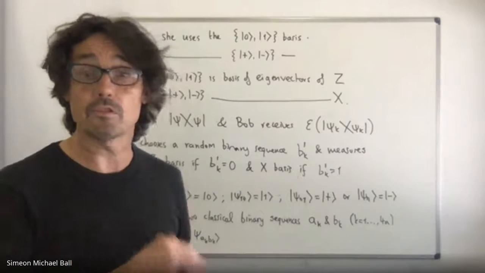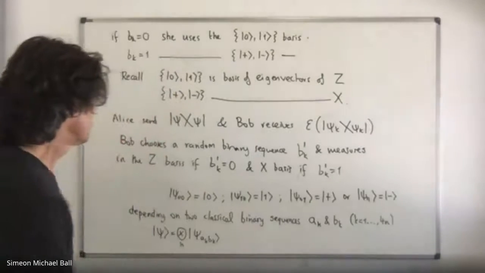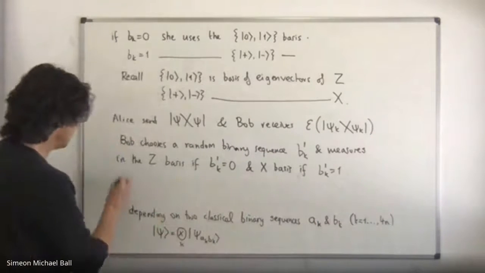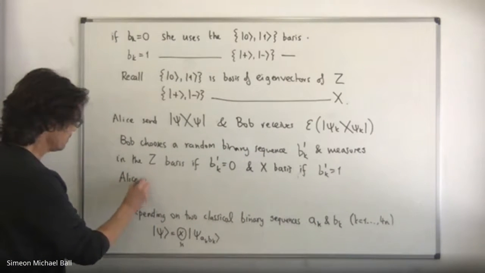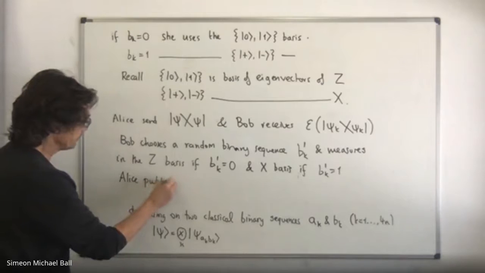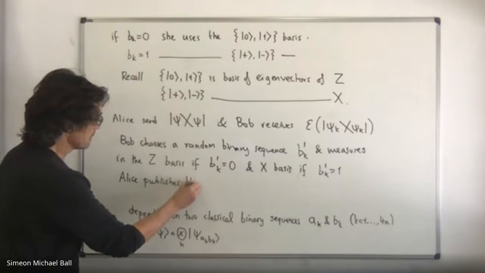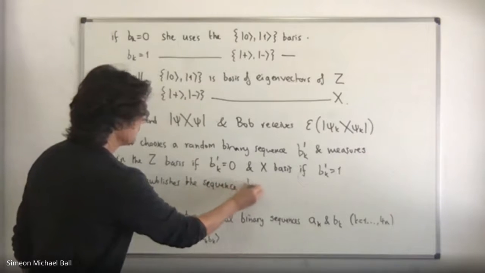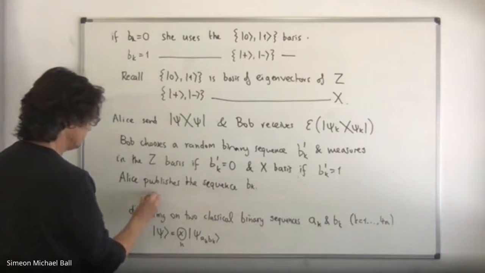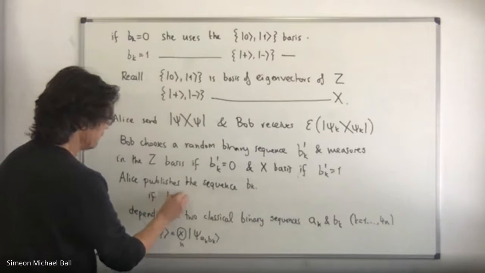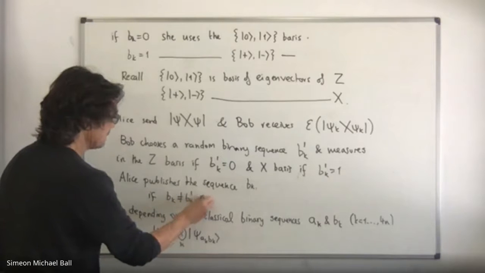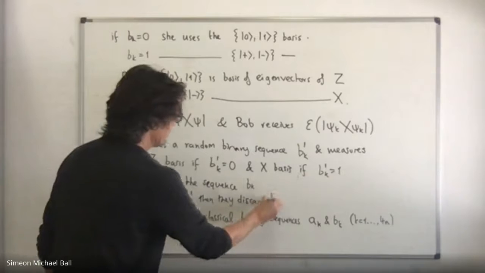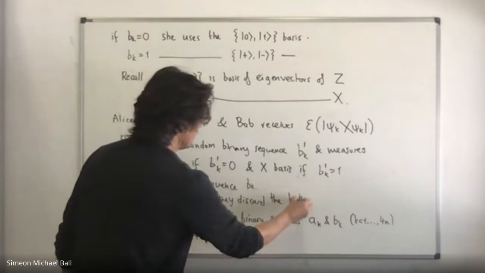If B_k is different from B_k dash, then they simply throw away, discard, that qubit.